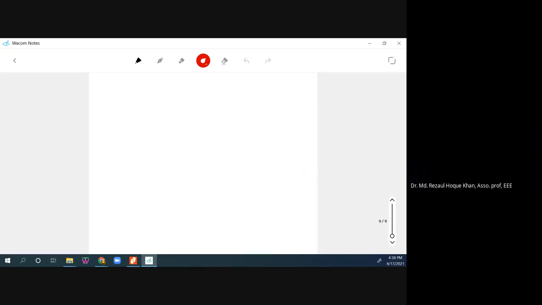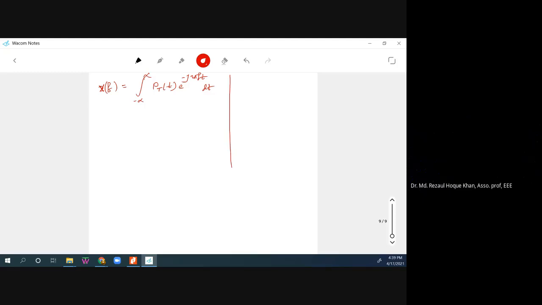Okay guys, now I want to convert this signal X(f), which in our case is the integral from minus infinity to plus infinity of p(t) e to the minus j 2 pi f t.